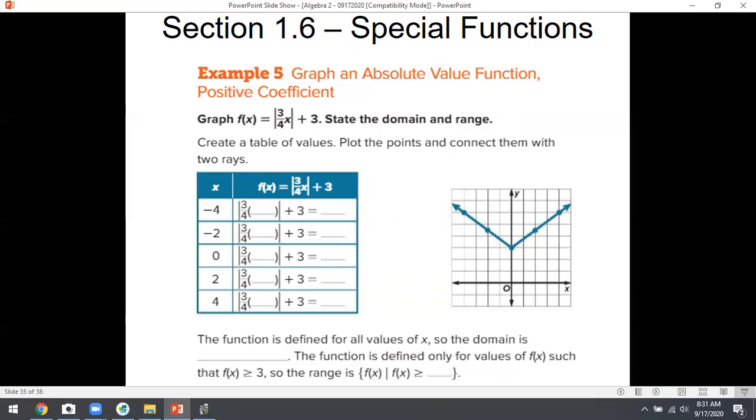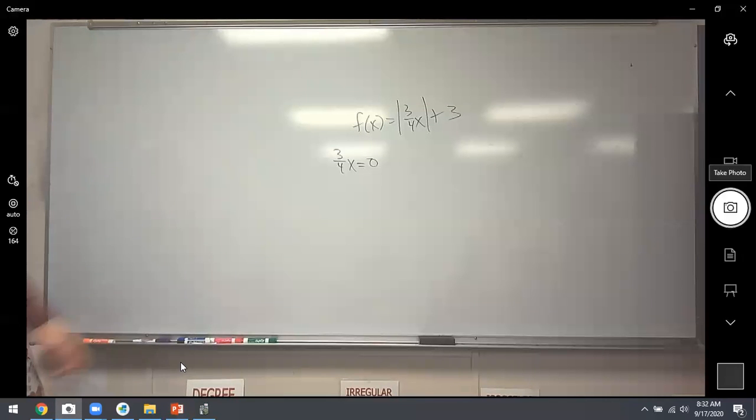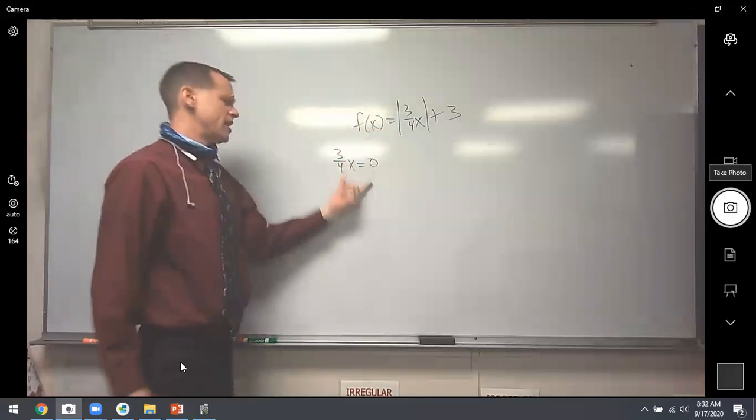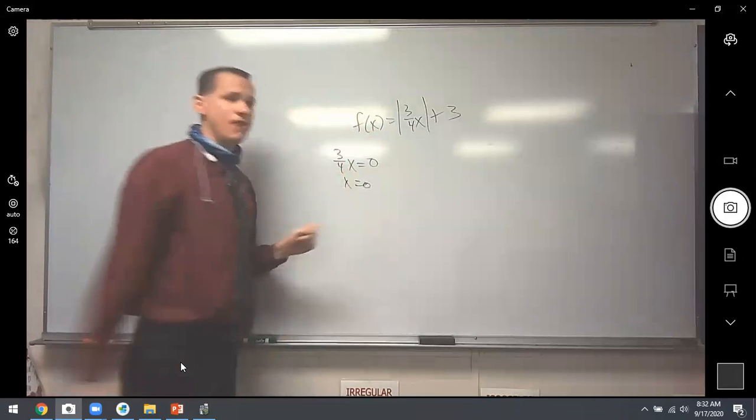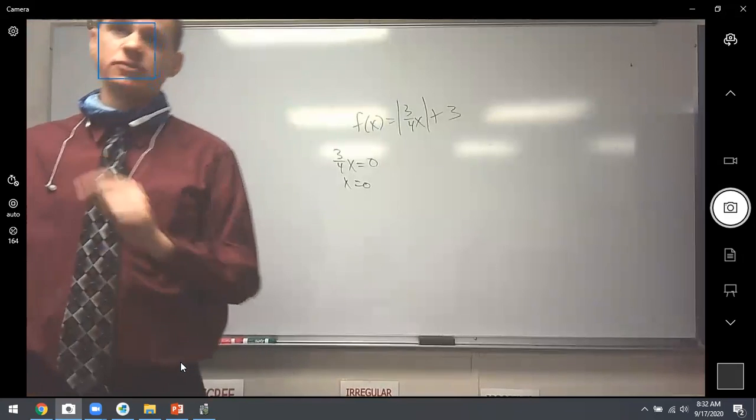I always told you the vertex, the corner, happens when the thing inside of it is equal to the magic number of 0. So you type what's inside this thing and set it equal to 0. The thing inside there is 3/4 x. If you set it equal to 0, divide by 3/4, you get x is 0. When you graph this thing, you will see the vertex at x equals 0.